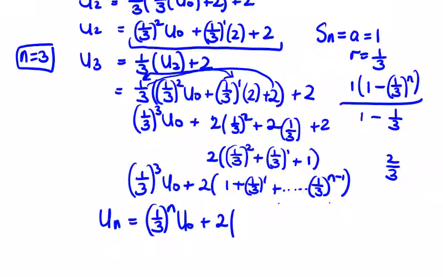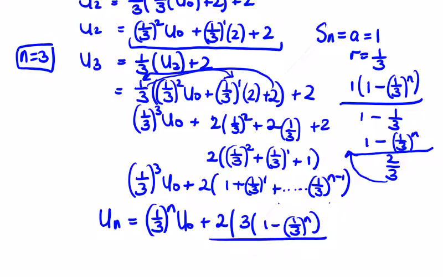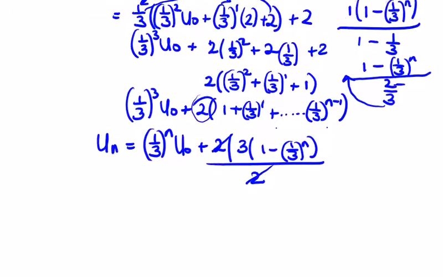We're going to have on top 1 minus a third to the power of n, because the 1's in front. So bringing that expression down here, the 3 ends up on top. So we're going to have 3 times 1 minus 1 over 3 to the power of n, and this 2 here stays on the bottom and cancels with the 1 that was originally in that position.